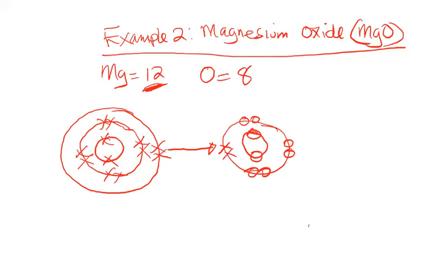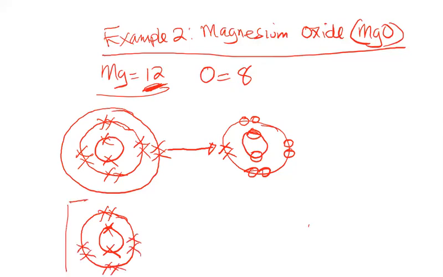So in this case, how will magnesium remain? Magnesium will have how many inside? 10. So it remains with first of all 2, then 8. Then what do we do?